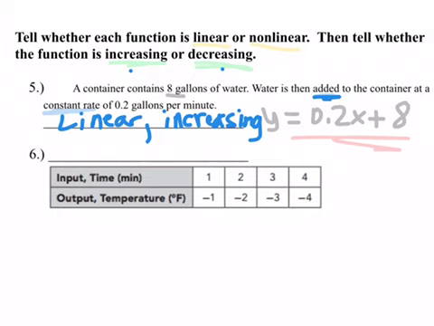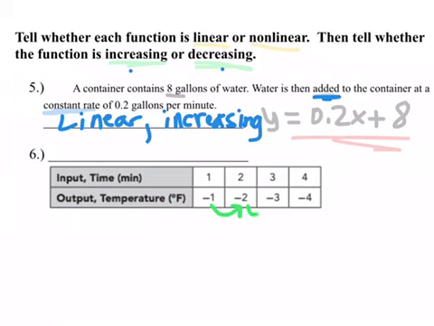The second one, we have input of time and the output of temperature. So after 1 minute, the temperature is -1 degrees. After 2 minutes, it's -2 degrees, and so on. So is this linear or nonlinear? First, I would look to see if there's a consistent or a constant rate of change.